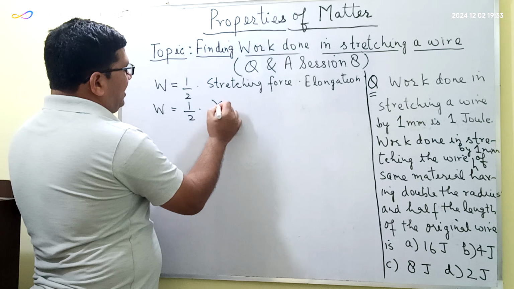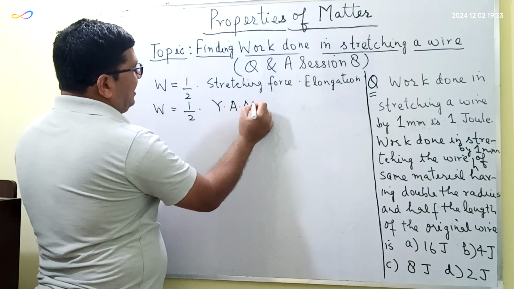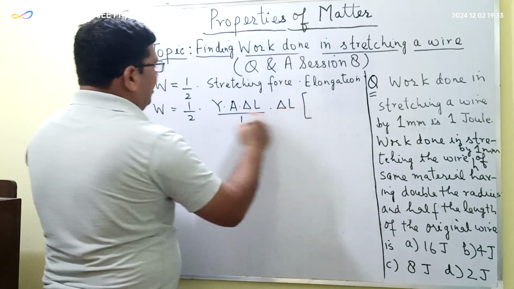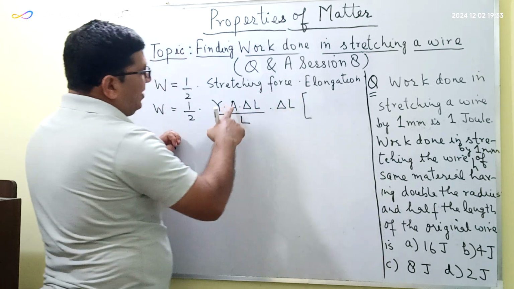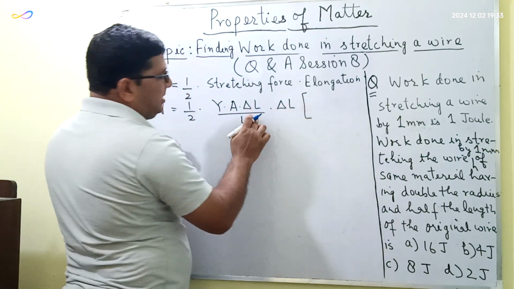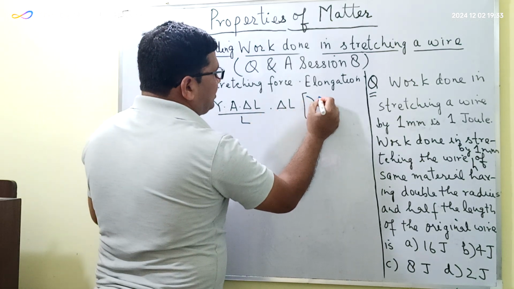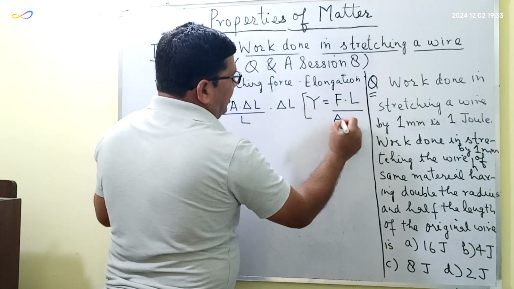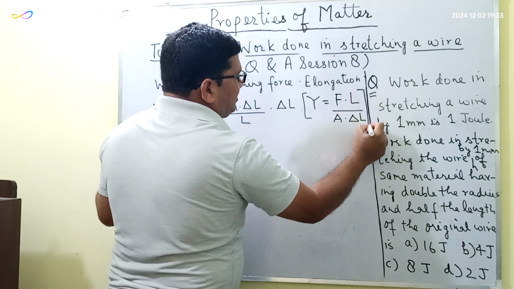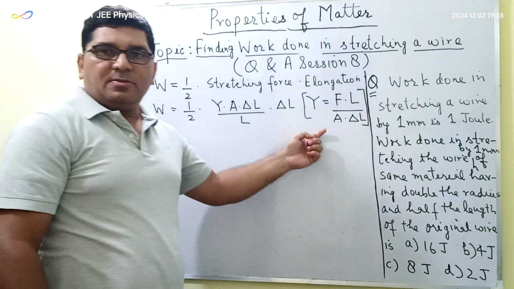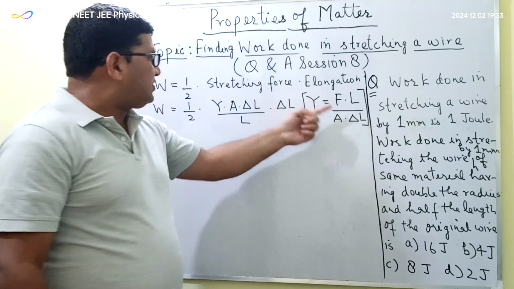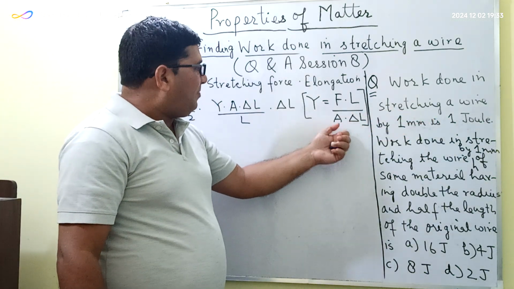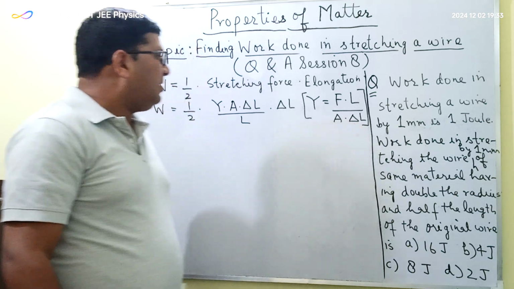Now stretching force can be written as Y into A into delta L divided by L, and elongation is delta L. This stretching force has been substituted from the equation, that is Young's modulus is equal to F into L divided by A into delta L. Here Y is the Young's modulus of the material, F is the stretching force, L is the original length of the wire, A is the area of cross section, and delta L is the elongation.